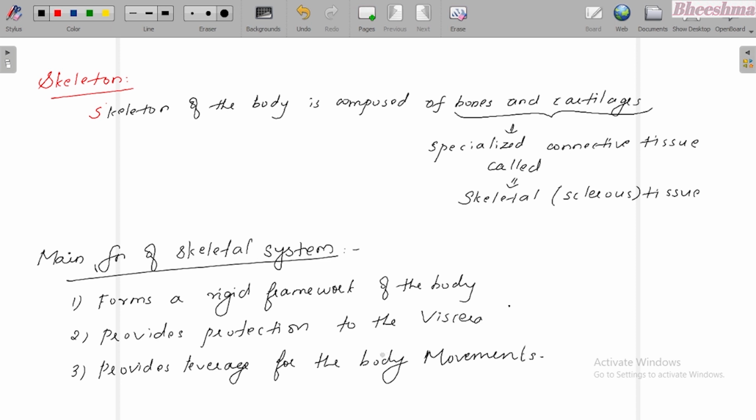The main functions of the skeletal system: forms a rigid framework of the body. The next one, provides protection to the viscera. Third one, provides leverage for body movements. These are the main functions of the skeletal system.